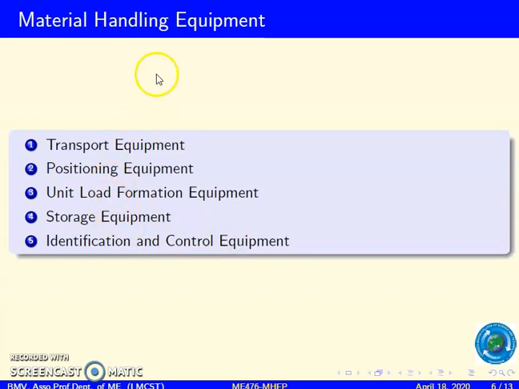The material handling equipment can fall into these five categories. One, it can be transport equipment, positioning equipment, unit load formation equipment, storage equipment, identification and control equipment.